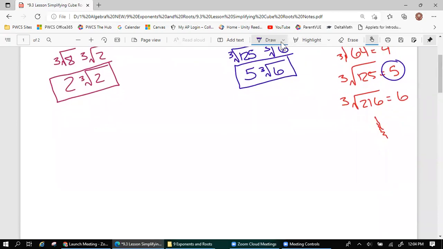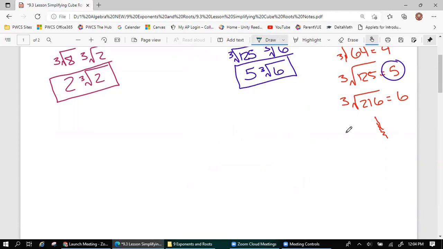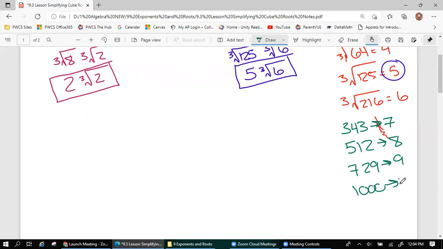Maybe I'll put in here for you the next several perfect cubes. So we have 343 becomes 7. The cube root of 512 is 8. The cube root of 729 is 9. And the cube root of 1000 is 10, just in case you need them.